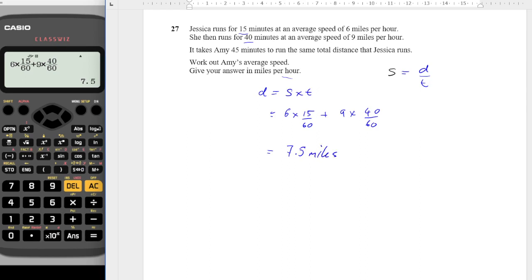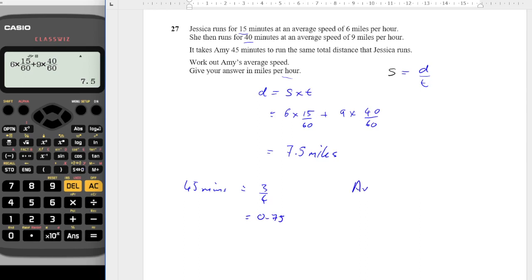So Amy travels the same distance in 45 minutes. 45 minutes is equal to 3/4 of an hour, which is 0.75. We don't really need to convert, but there we go.